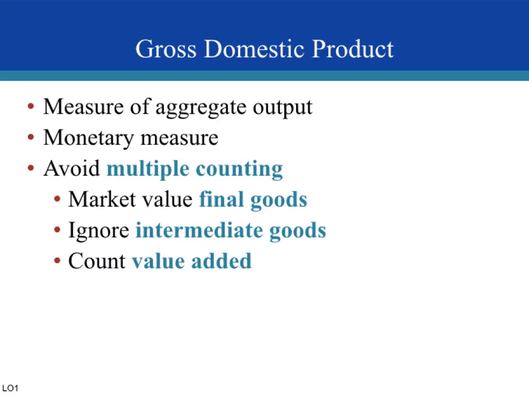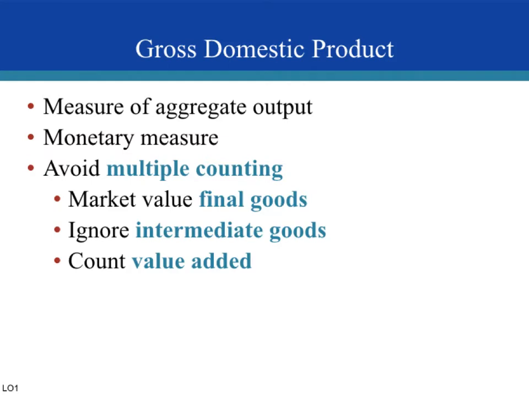Again, when we looked at the definition, we said market value of all final goods and services. So we look at what goods are sold, for example, in the store. If I were a carpenter and I made and sold tables, what is counted in GDP is what I sold the table for.